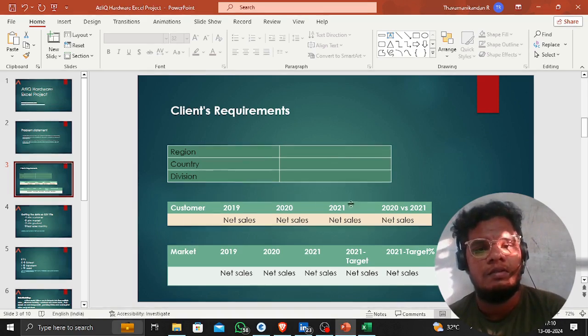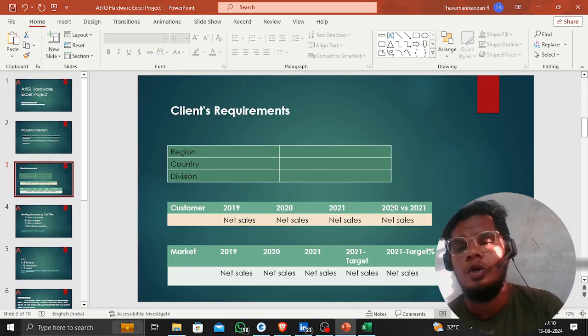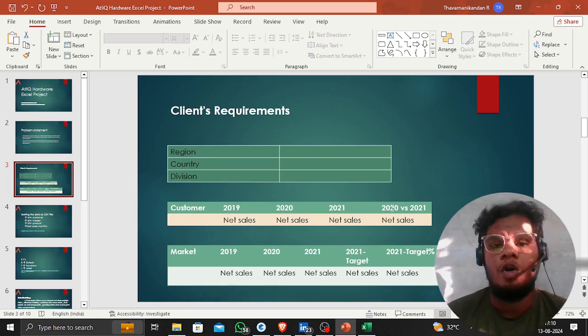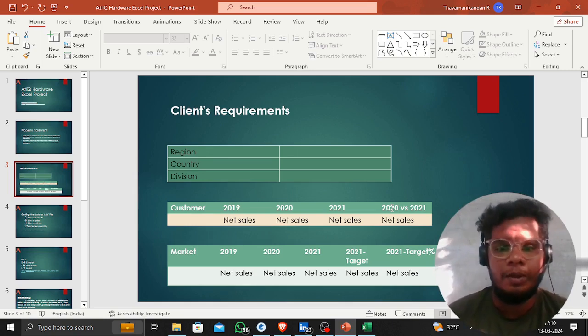The first is a customer performance report for 2019, 2020, 2021, and 2020 versus 2021. For all that, we have to find out the net sales for 2020 and 2021, which means they want to compare, for example, last year's sales to the previous year's sales. There is a comparison.